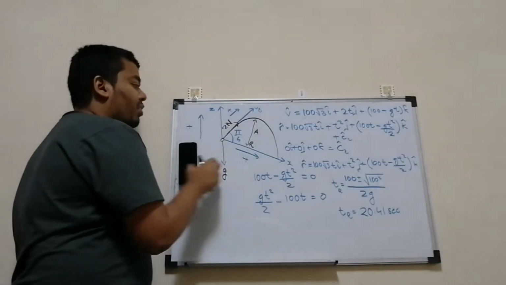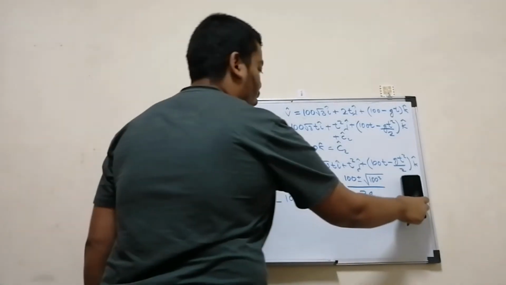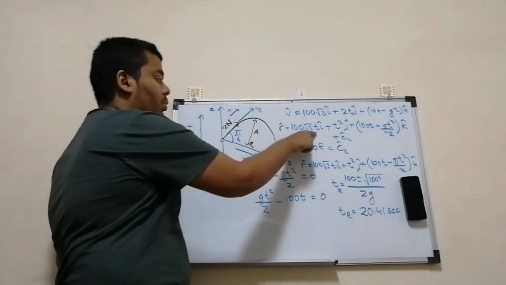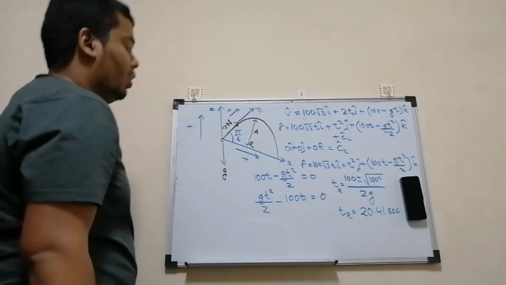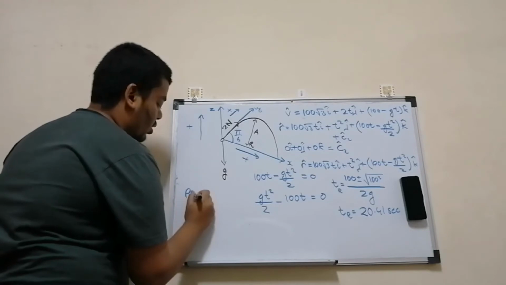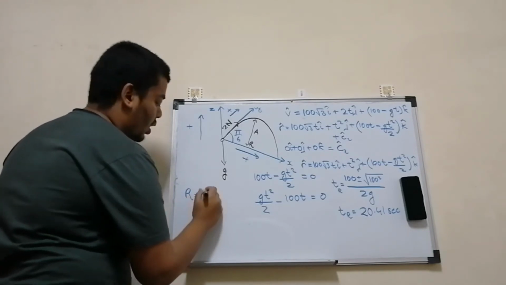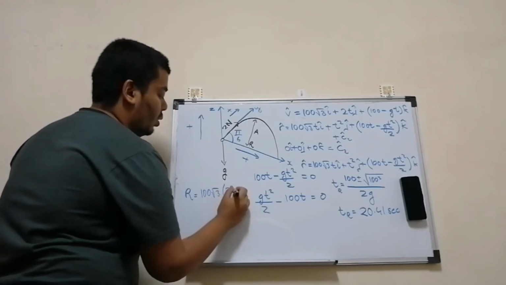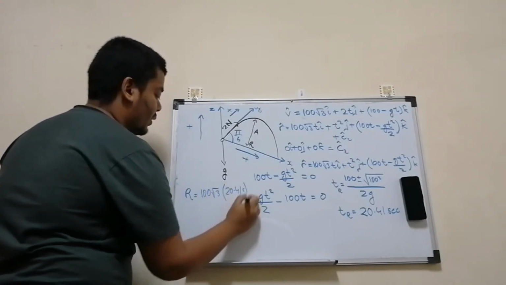We will take this value of tr, and we will input it into the horizontal component of the position vector. So the range will be given by 100 into square root of 3 into 20.41 seconds.